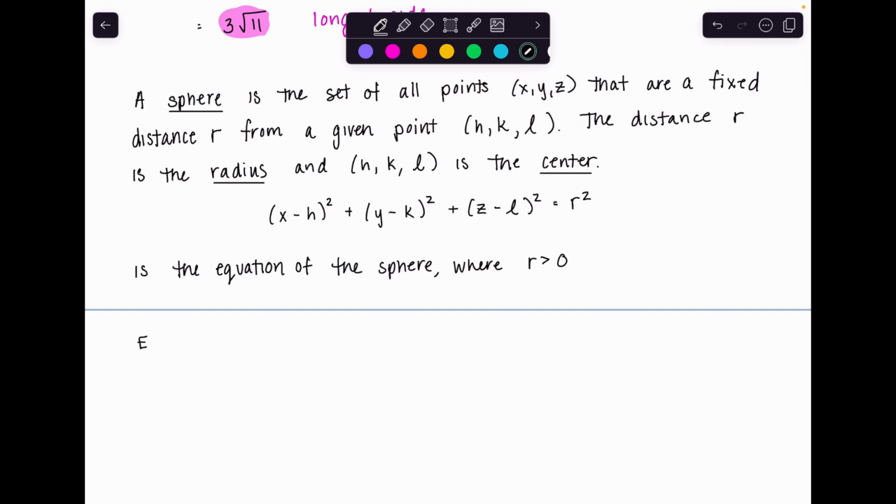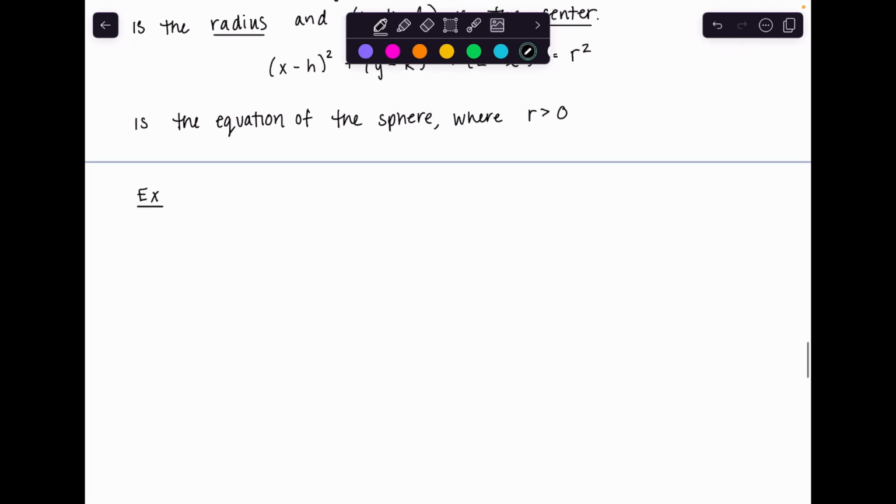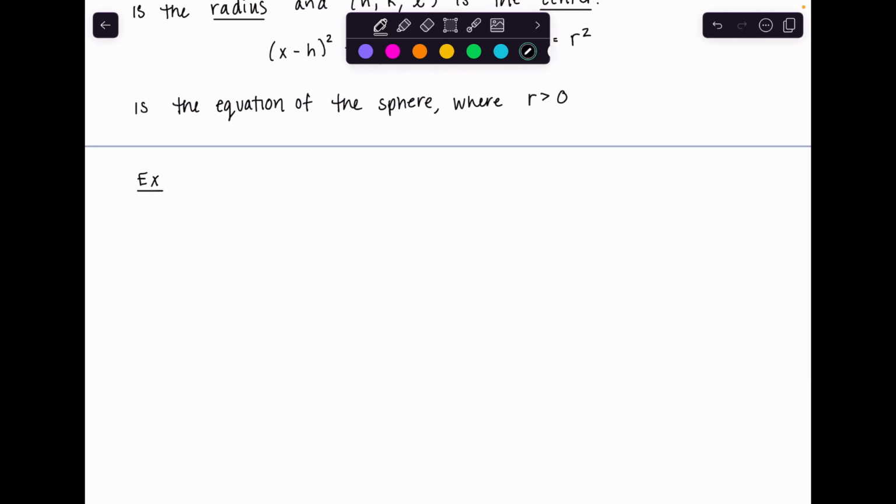So I just have one last example for you. I think you're probably perfectly capable of creating the equation of a sphere. So what I'm going to do instead is we're going to find the center and radius, to just go over that, completing the square if you don't remember. So here we're going to find the center and radius of the sphere.